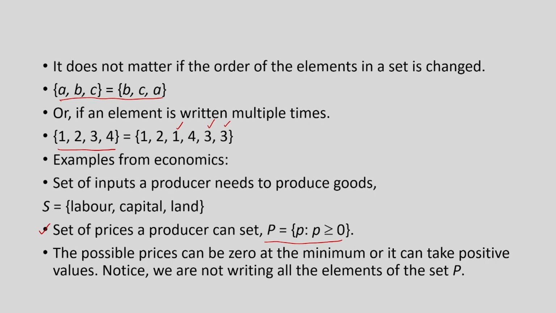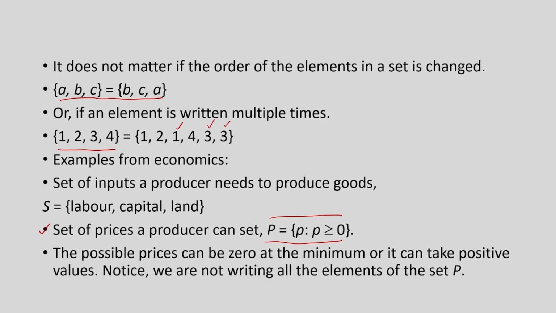Think about the price of any commodity. Prices are not negative. The minimum value the prices can get to could be 0, but that is also a very extreme case. Prices are generally positive. In this example, when I have written this capital P, I have just mentioned the property of any price.